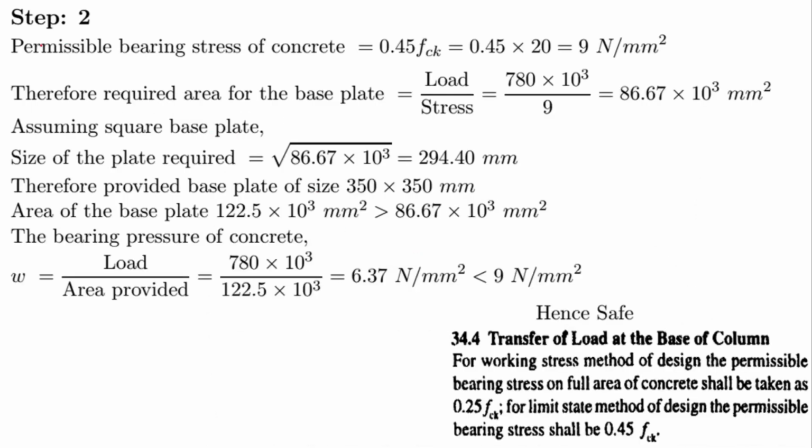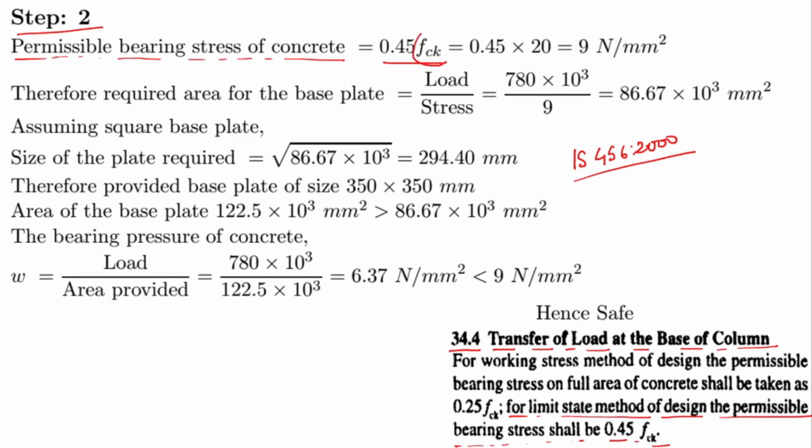In step 2, permissible bearing stress of concrete. As we have to discuss on the concrete, you have to follow the Indian Standard Code 456 of 2000. In this code, under clause 34.4, which gives transfer of load at base of column, for limit state method of design, the permissible bearing stress shall be 0.45 fck.